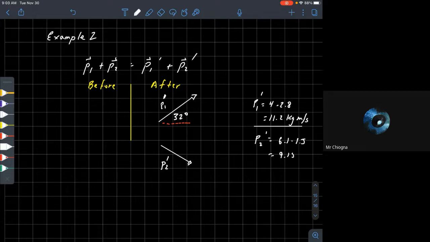You carry an extra digit, and then round to 2 at the end. Okay? At an angle of, like I said, 41.